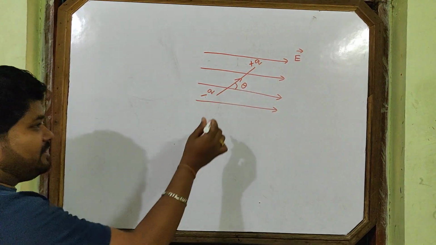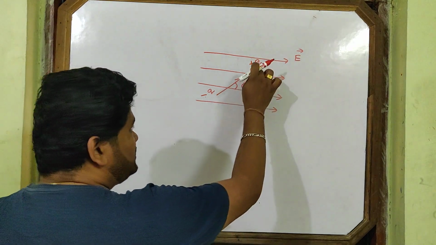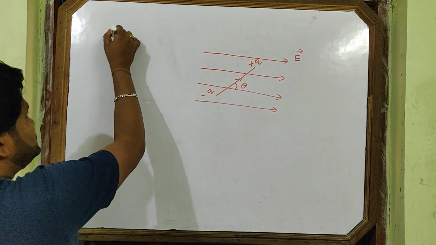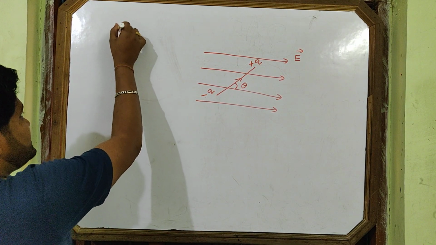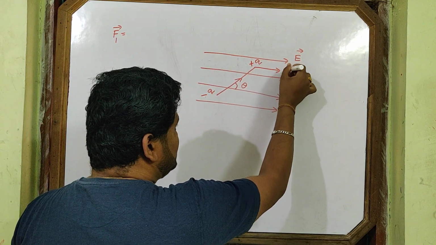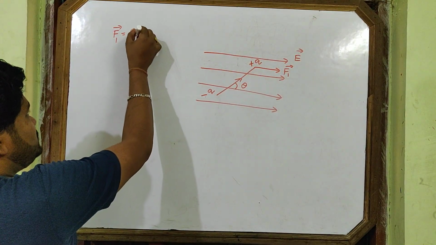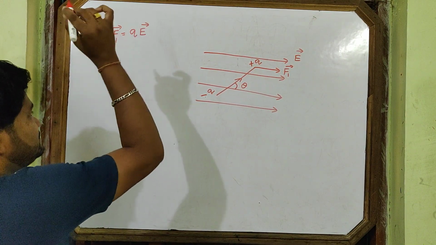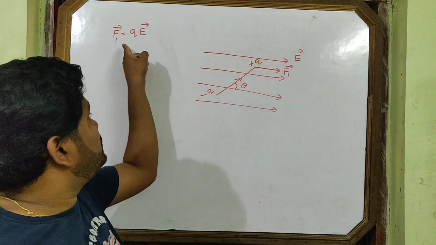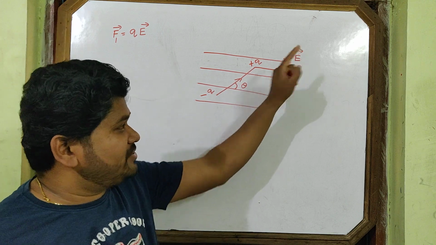Now let us see. If the dipole is kept here, the charges individually experience force. What is the force experienced by plus q? It is in this direction, F1 vector, and the magnitude is qE. For a positive charge, force and electric field are in the same direction.